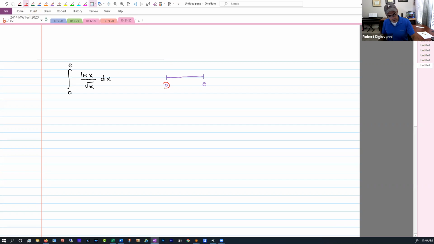Our problem is at 0, though, so we're going to have to approach it from the right. Limit as t approaches 0 from the right of the integral from t to e of natural log x over square root of x dx.